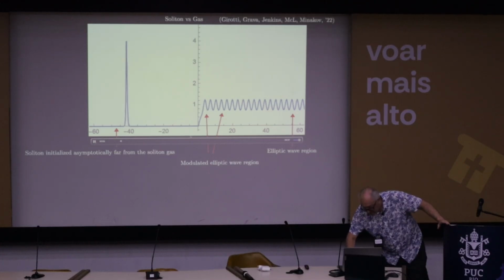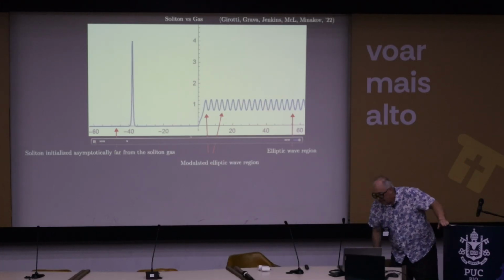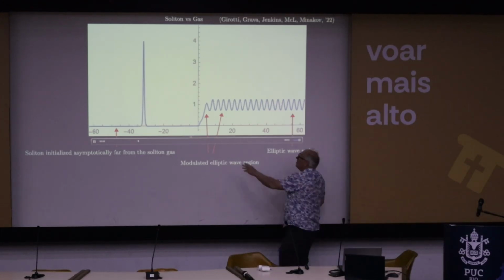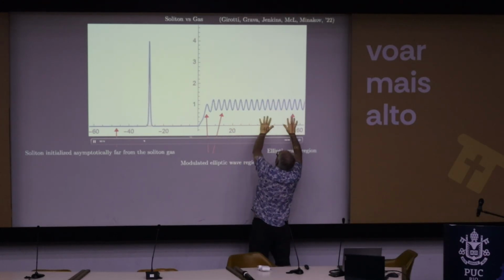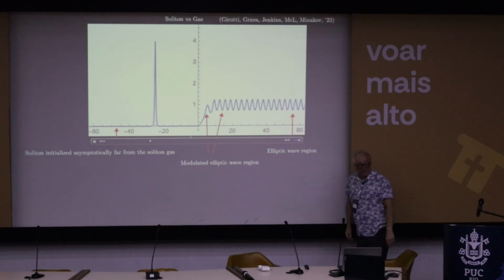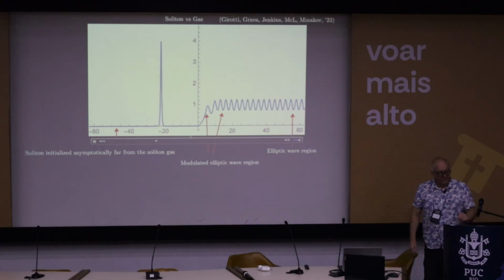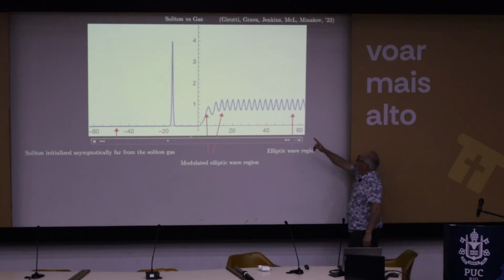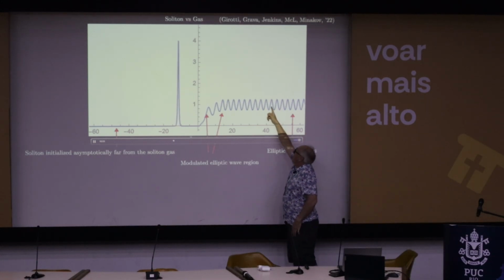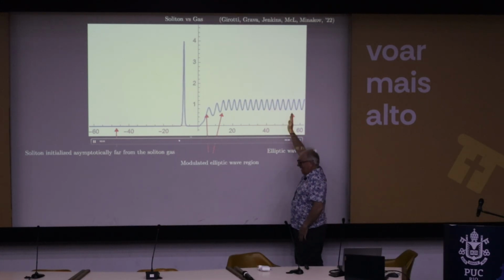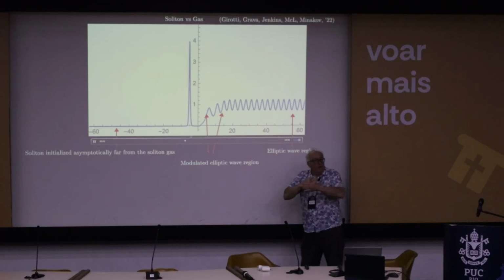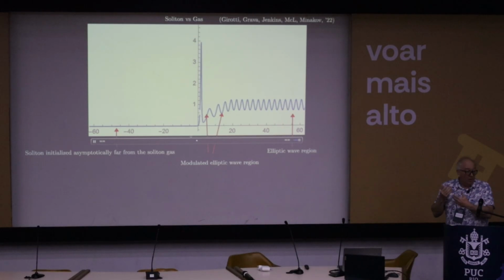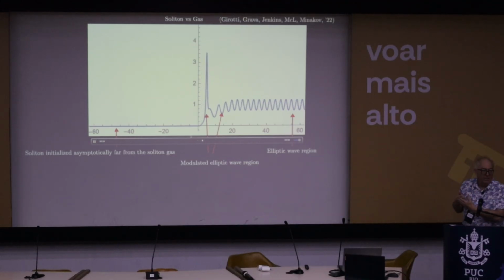Is it stretched out a little to the left? Yes, I thought it was in the reference frame of the gas. No, this is fixed. So you see this, it's very slowly moving that way. Okay? But do all those solitons have the same velocity so they stay together? No, they're different. So you'd like to believe this is a single soliton, but this is actually a collection of solitons that are overlapping, and what you're looking at is some kind of a nonlinear mode that comes from adding up a bunch of solitons.